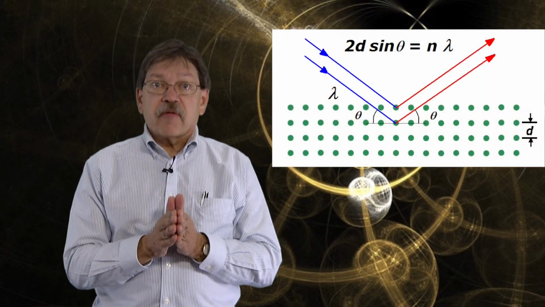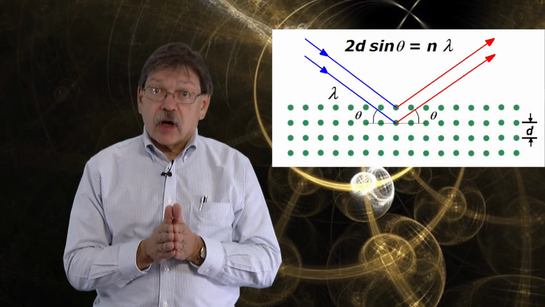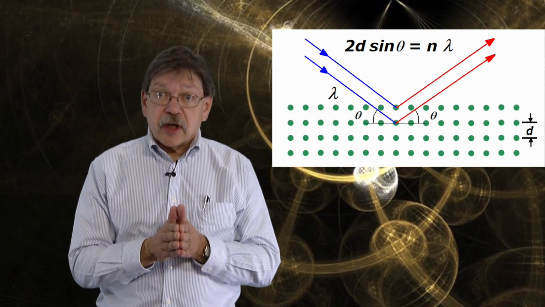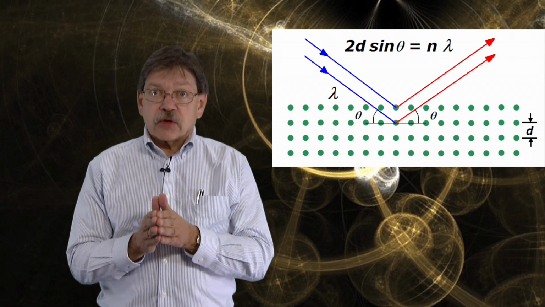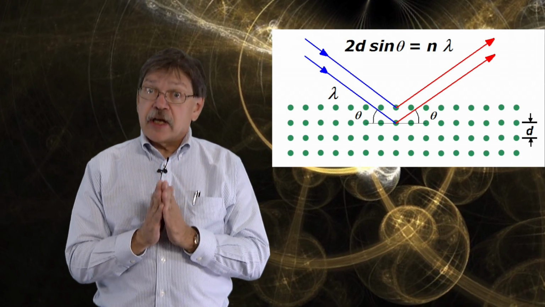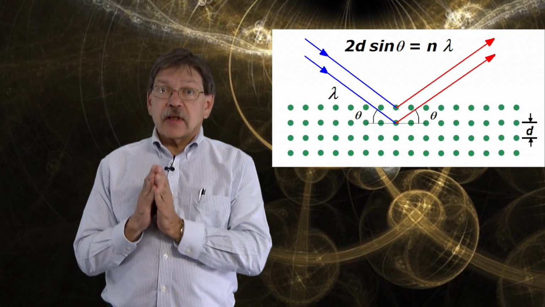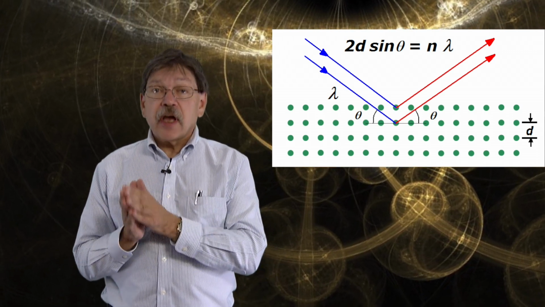The directions are given by an equation known as Bragg's law, which says that the wavelength of the X-rays, lambda, is equal to twice the interatomic spacing, the d spacing, times the sine of the angle that they are scattered in. It's the sine of theta. So if I send X-rays with a given wavelength into a material with a well-defined crystalline structure, then what I expect to see are special angles where the X-rays will be reflected out.